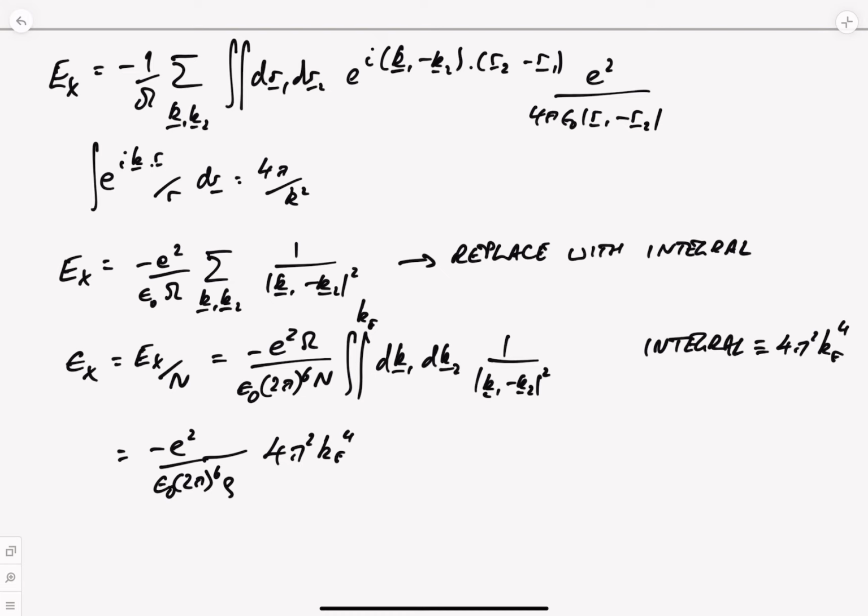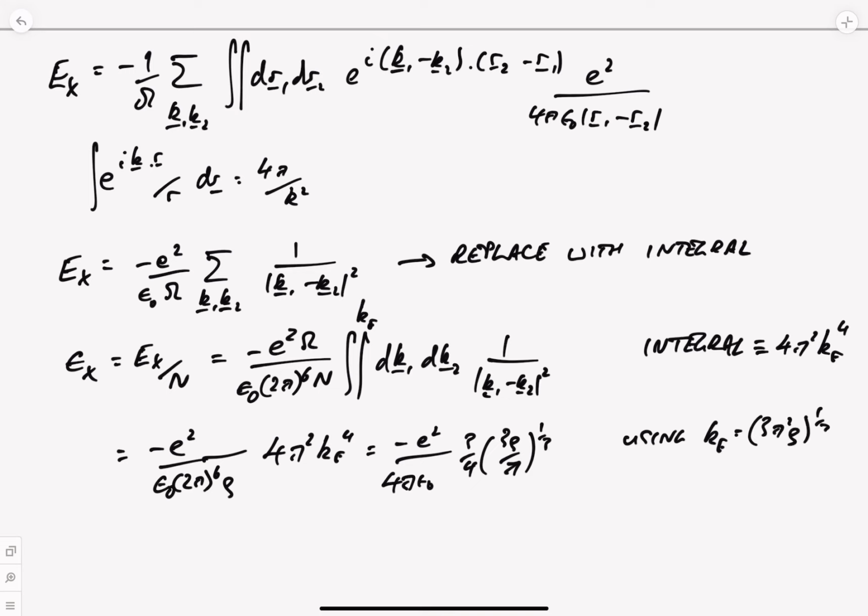Now if we substitute in for kf, the Fermi vector, and make a couple of other substitutions, then we find the following. We get minus e squared over 4 pi epsilon naught multiplied by 3/4 of (3 rho over pi) to the 1/3. And here we've used the fact that kf is equal to (3 pi squared rho) to the 1/3.